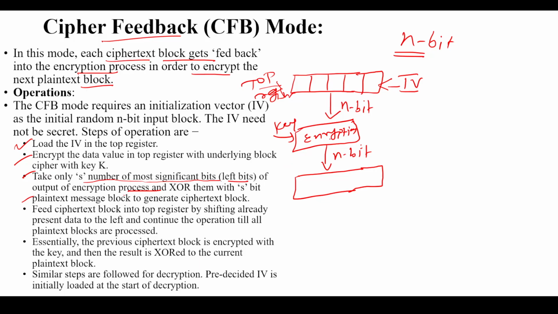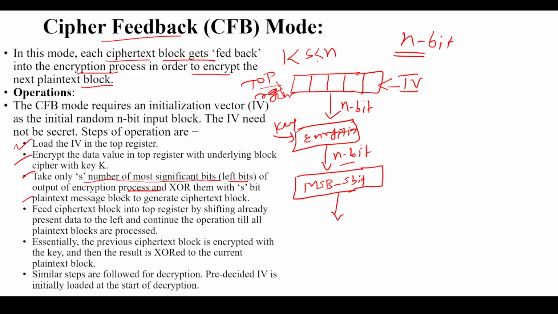So whatever encrypted data is there in the form of n bits, just select the most significant s bits. What is the size of the s bits? 1 is less than s, and s is less than or equal to n.